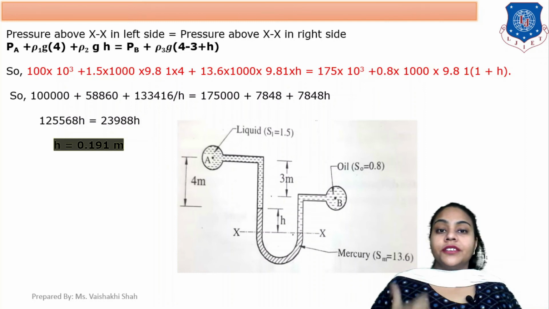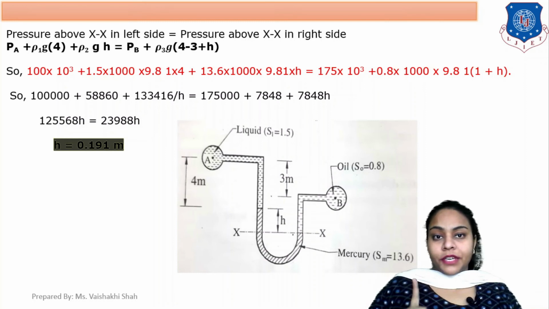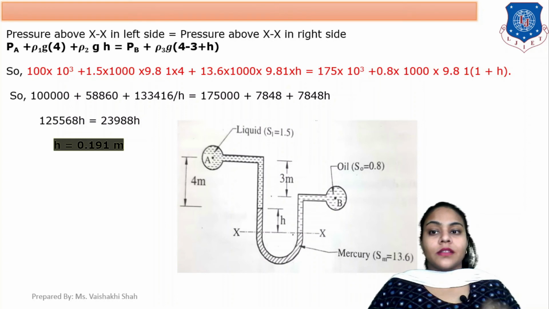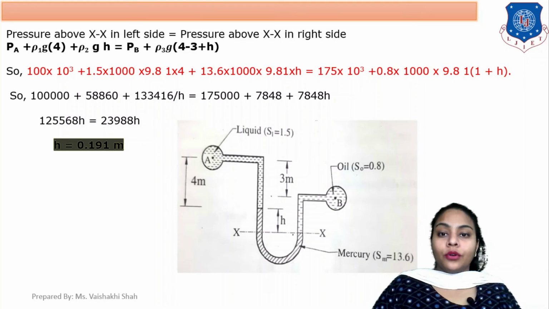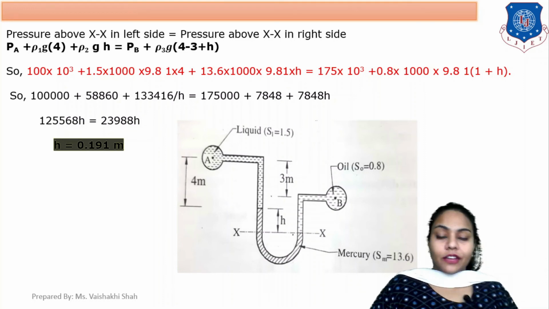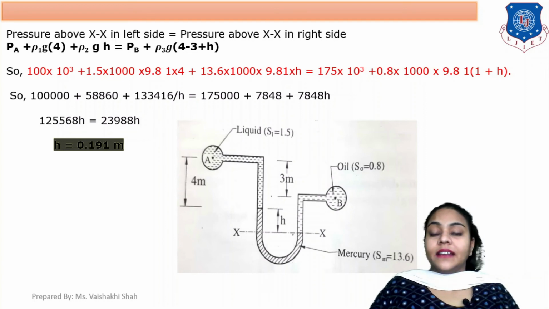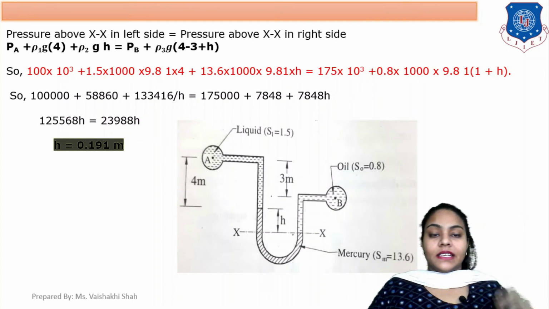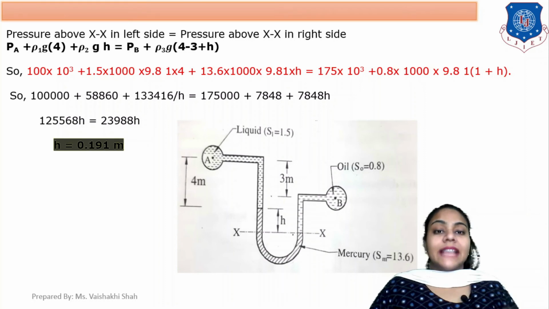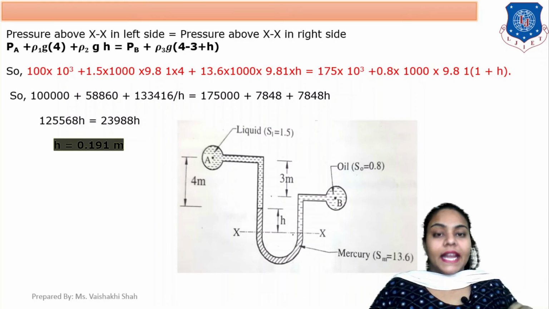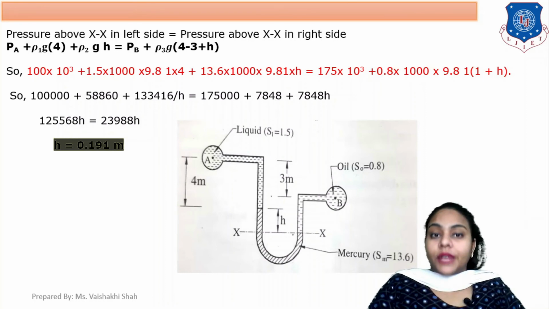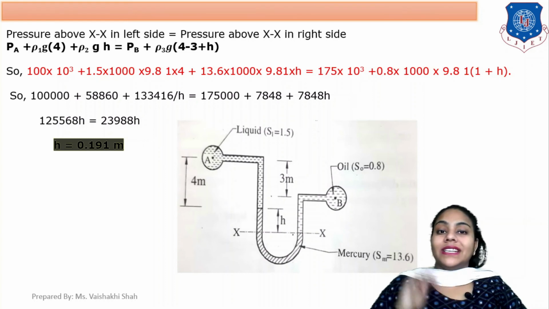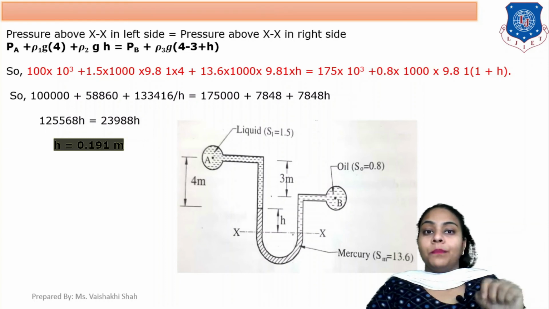So, pressure on the left hand side, that first pressure is Pa plus rho 1 g h1, plus rho 2 g h, equals the pressure on the right side, that is first pressure Pb, second is rho 3 into g, the third liquid in pipe B. And what is the height of the liquid in pipe B?